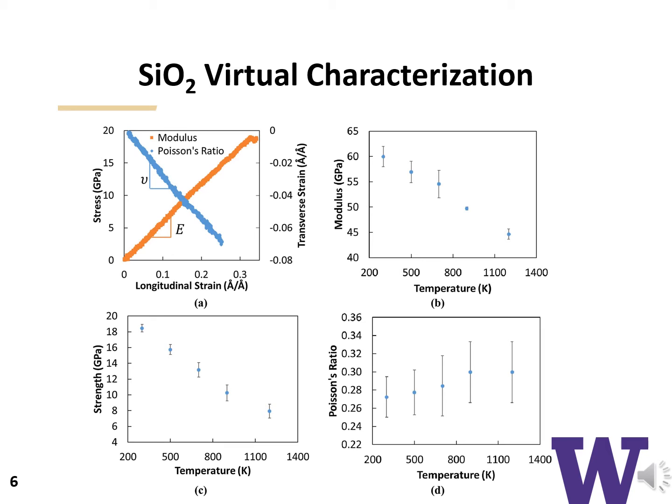Here are the simulated properties of SiO2. A representative stress strain and longitudinal versus transverse strain can be seen on the top left. Intuitively, we see that the modulus and the strength decreases with increasing temperature and Poisson's ratio increases with temperature. We compared these properties with experiments reported in the literature and found good agreement.